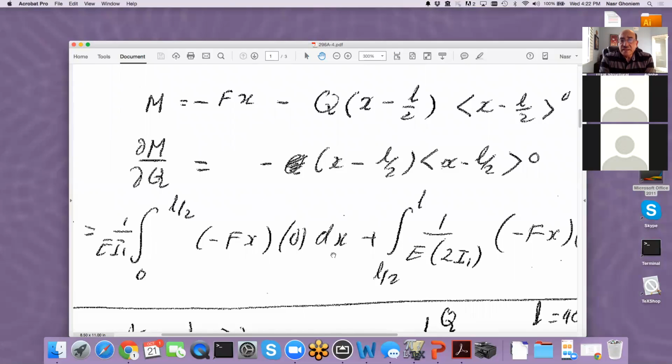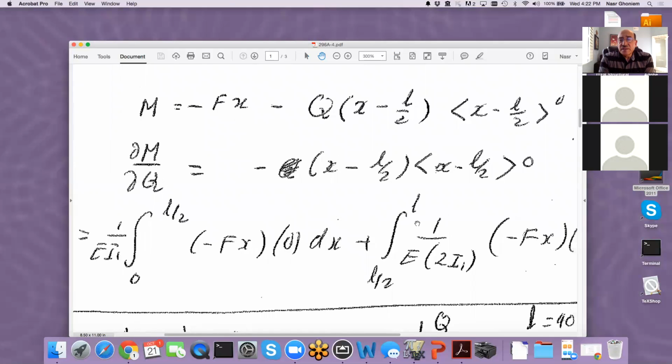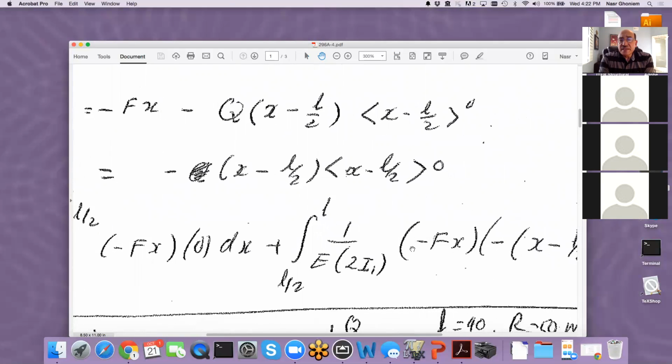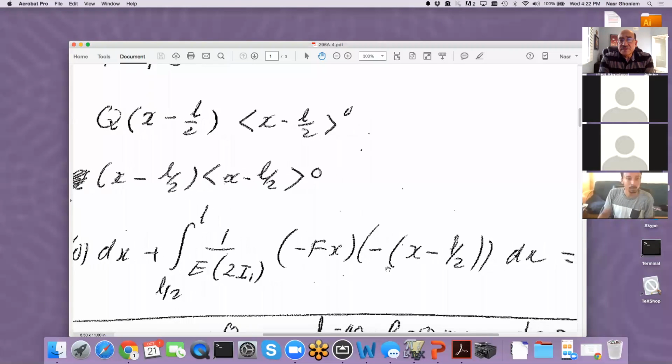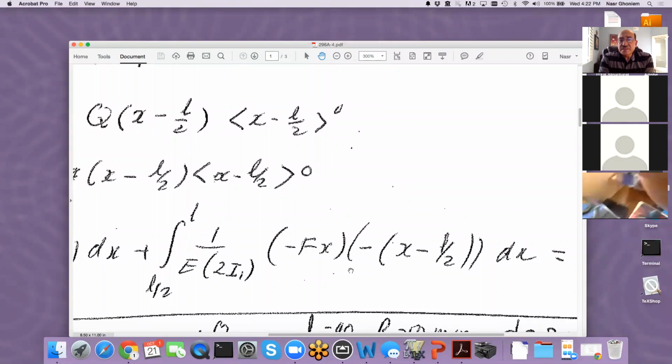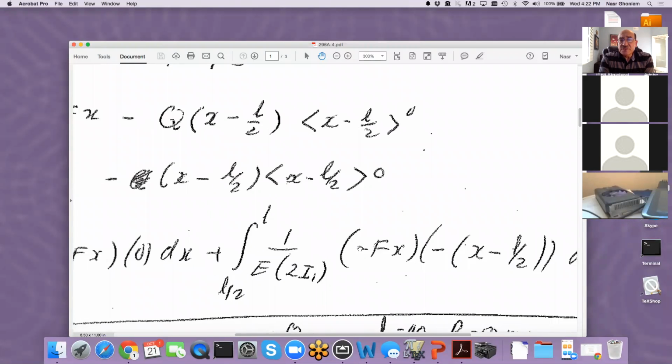In this case, the moment is minus Fx, and its derivative with respect to Q is 0. From L over 2 to L, the moment is minus Fx, and its derivative is minus x minus L over 2, as we have seen here.